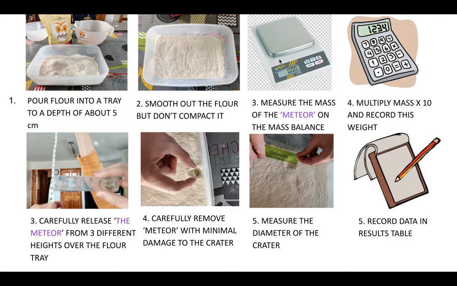Now, this may or may not be possible at home, if you have weighing scales for baking or whatever, technically what that's measuring there is actually the mass. So what you could do is you could put the ball on the weighing scales and get a reading for it. And then what you do to figure out its weight is you multiply by 10.